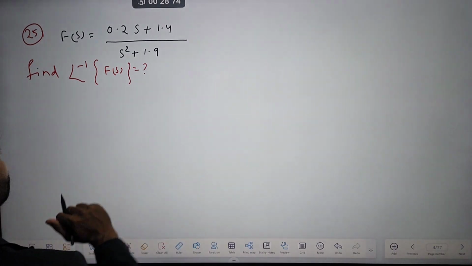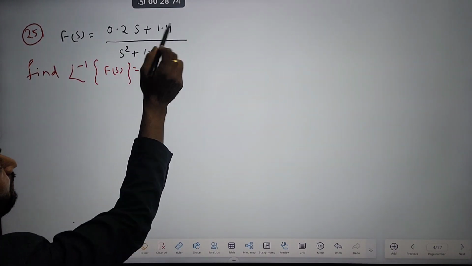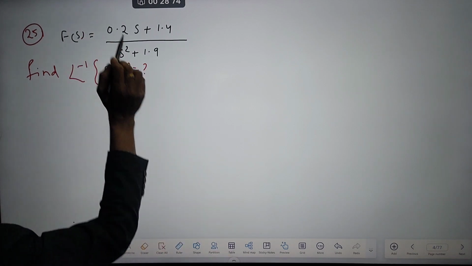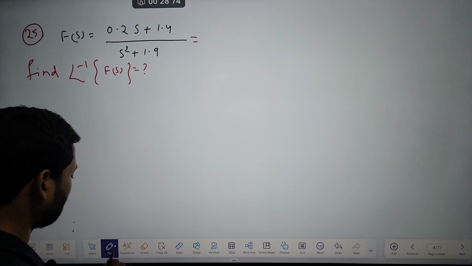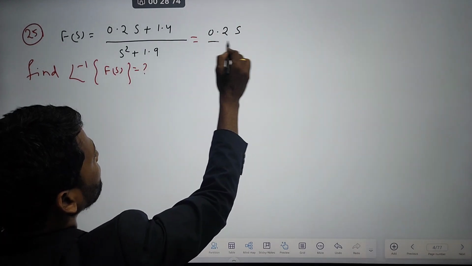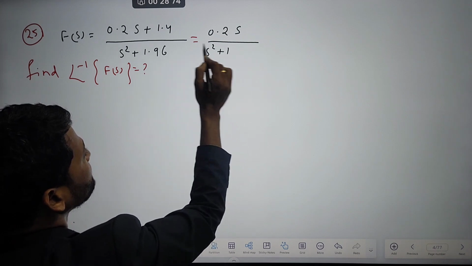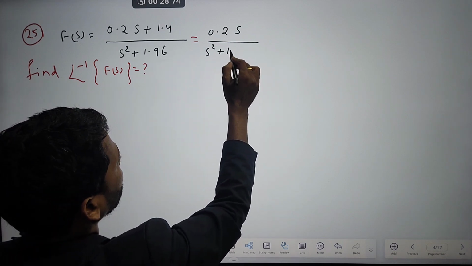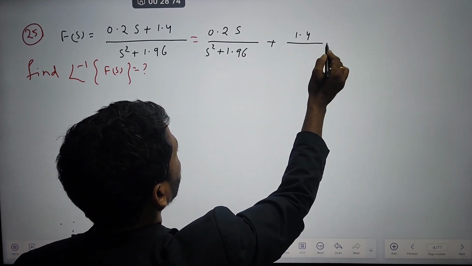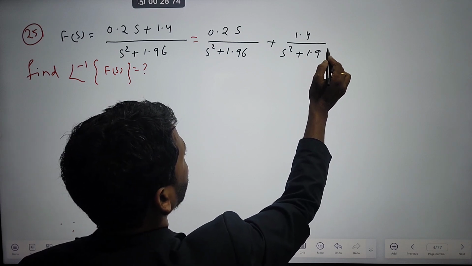So question number 25, the first question. F(s) is given as 0.2s plus 1.4 by s square plus 1.96. We'll find the Laplace inverse of that function. First we write the function: 0.2s by s square plus 1.96 plus 1.4 by s square plus 1.96.